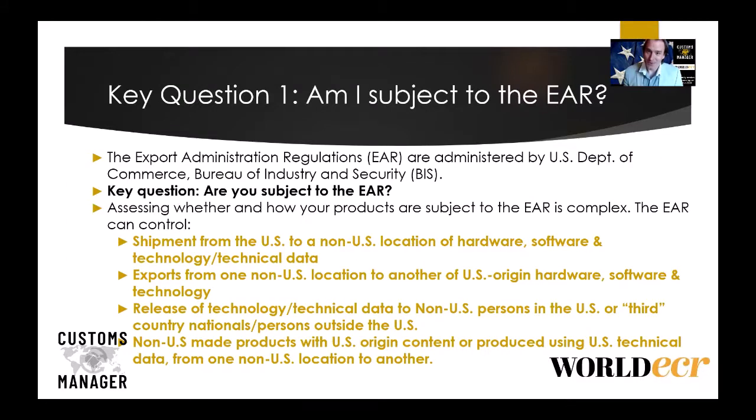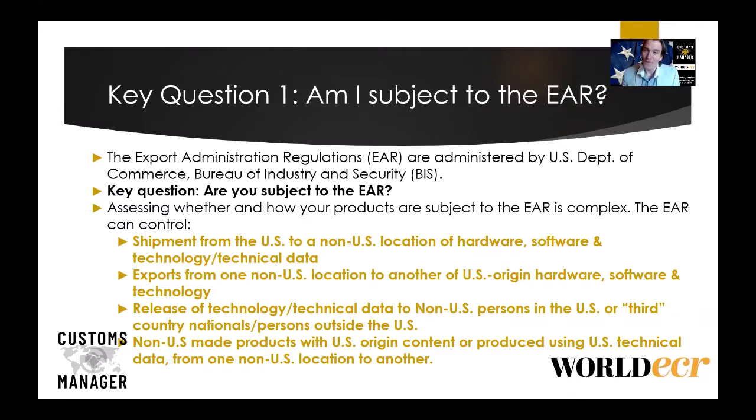To answer these important questions, we need to first of all answer two other questions. They are essential. The first question we need to answer is, am I subject to the EAR? The EAR is the Export Administration Regulations, one of the key export control regulations in the US, administered by the Bureau of Industry and Security.